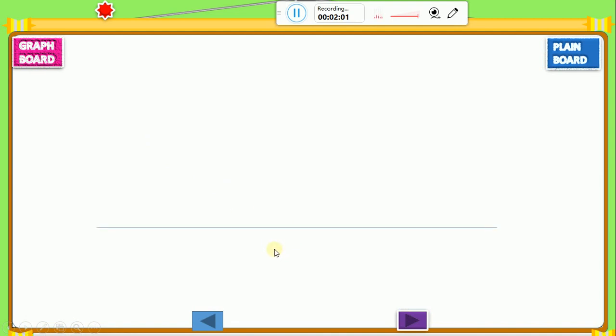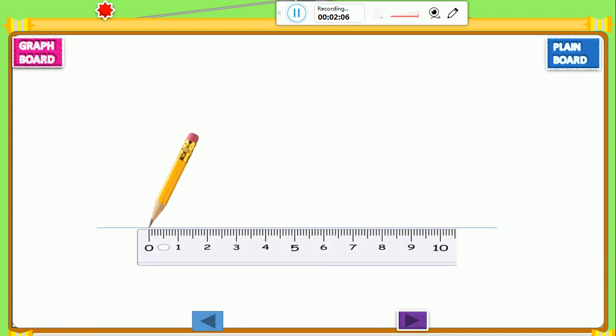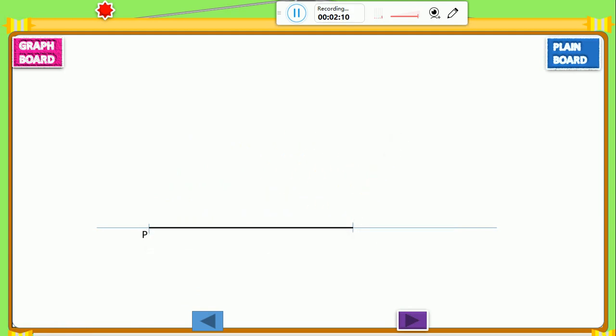We'll draw a line, put your ruler on the line, measure 7 centimeters, and draw. PQ is 7 centimeters. With a compass at P, draw an arc.